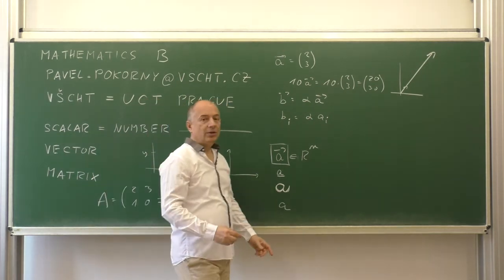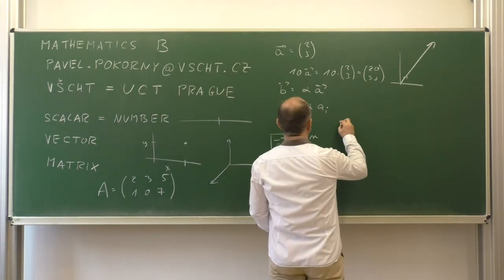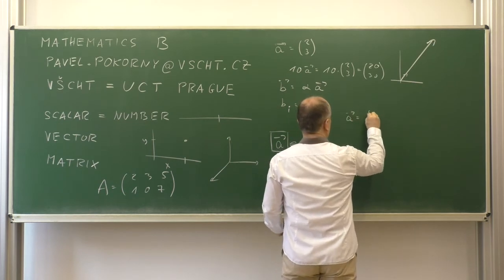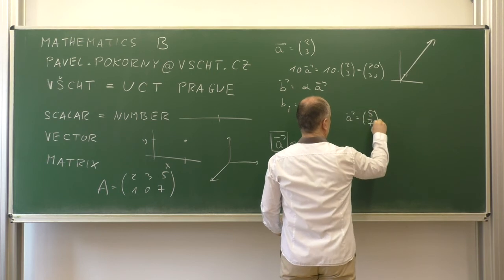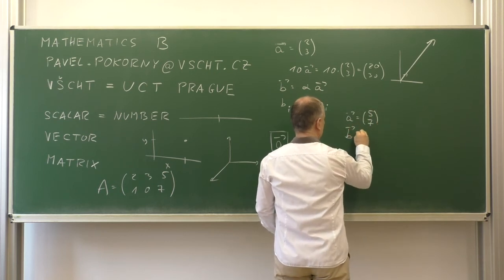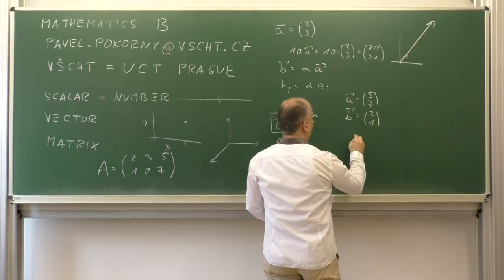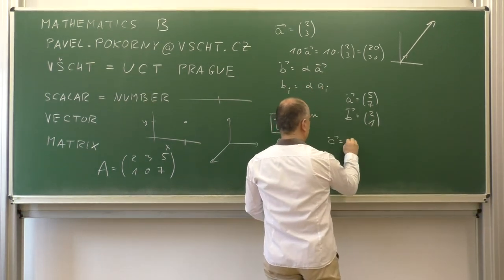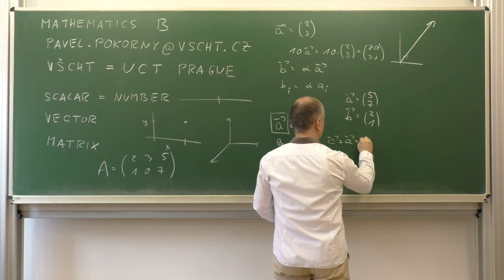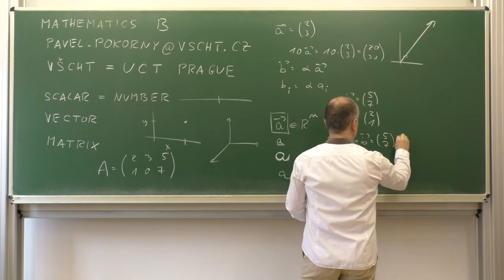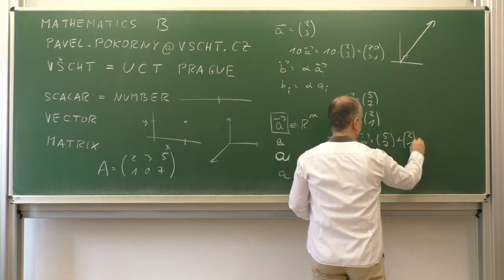Another operation is addition of vectors. So if we have two vectors, say 5, 7, and 2, 1, we can add these vectors, 5, 7 plus 2, 1.